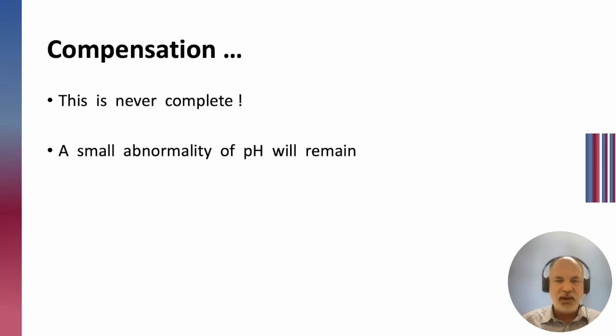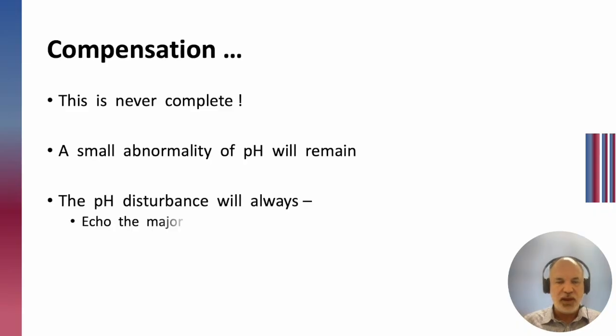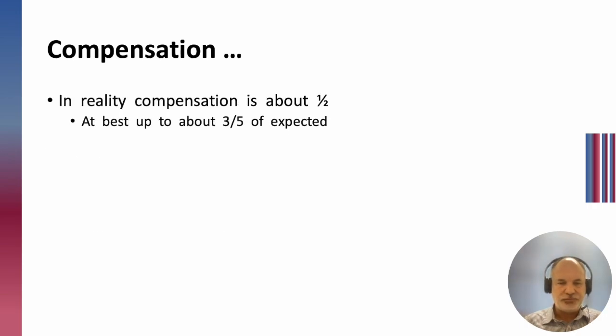And when we see a pH which is within the normal range, and we can identify acid-base disturbances, then we're usually dealing with more than one acid-base disturbance working against one another to bring the pH back into that normal range. So the pH disturbance that is present on the blood gas will always echo whatever the major abnormality is in terms of that pH upset.